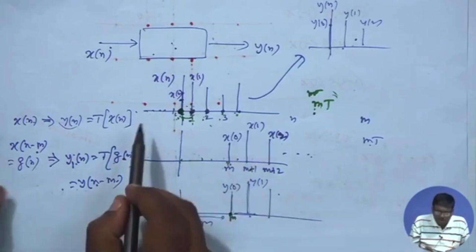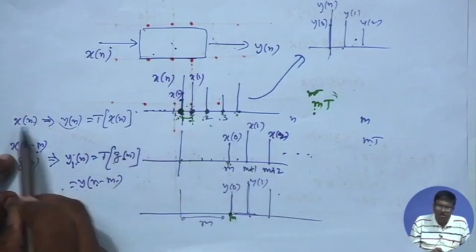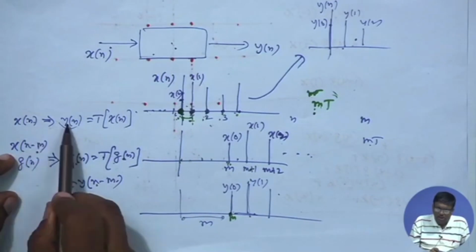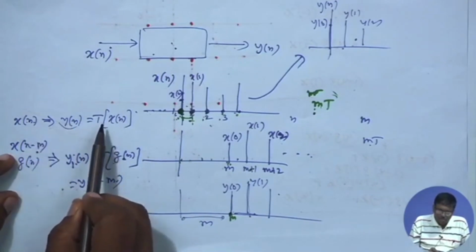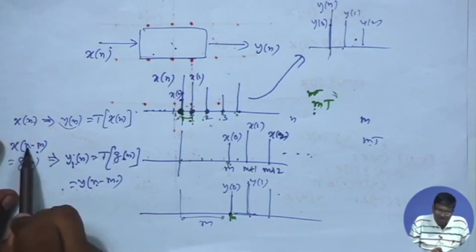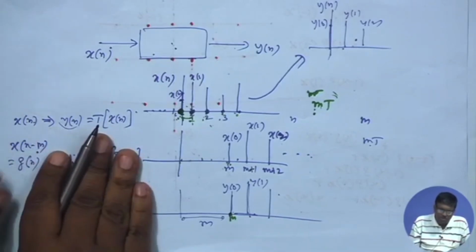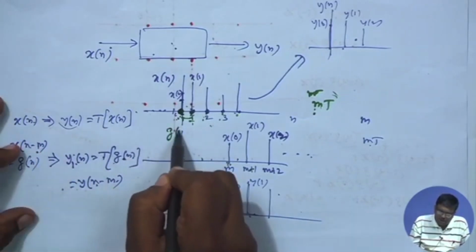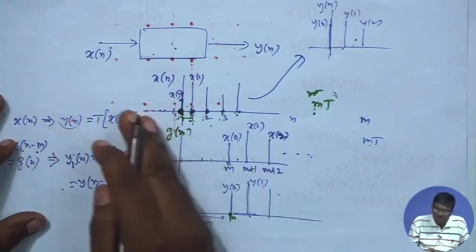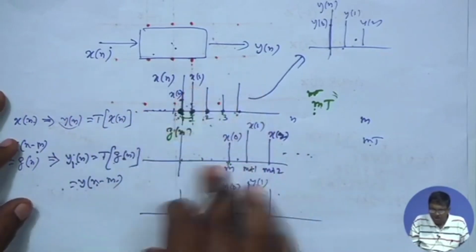Okay. Mathematically it means, suppose I give x n as input, output is y n, which is T of x n, and now I shift this sequence by m, x n minus m, which is a shifted version. I call this sequence g n, because it is a shifted version of the original x n, everybody shifted by m.